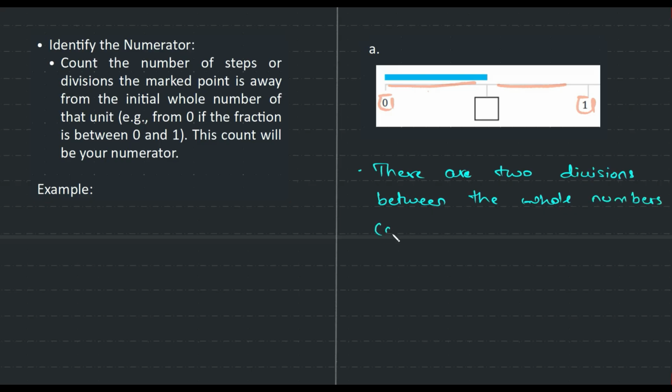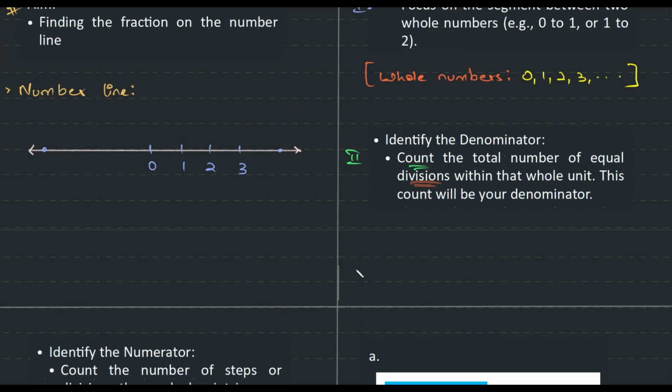In this case, it's 0 and 1. Thus, the denominator is equal to 2. Okay, so that's your denominator.